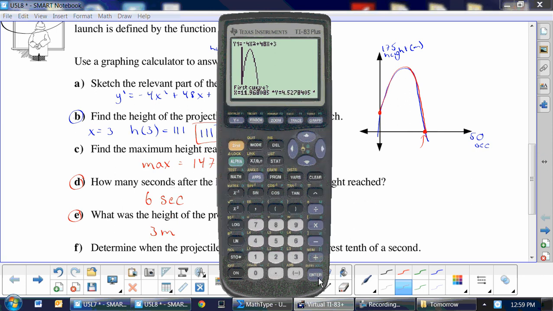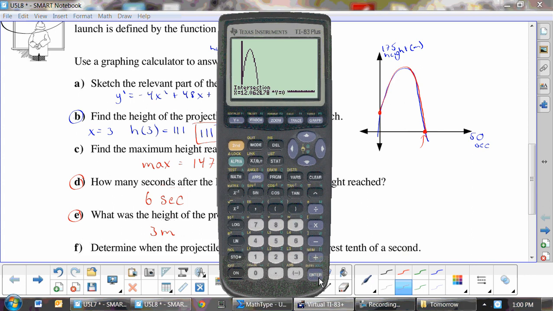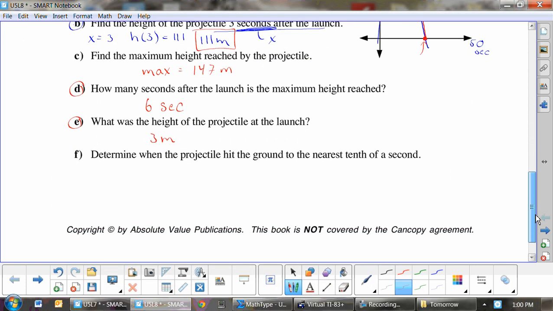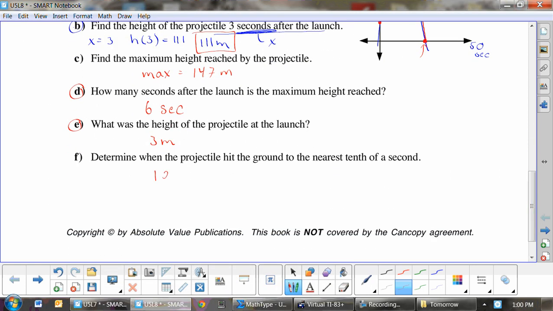You just go enter, enter, enter. And we get that after 12.06 seconds, and then to the nearest tenth, 12.1 seconds.